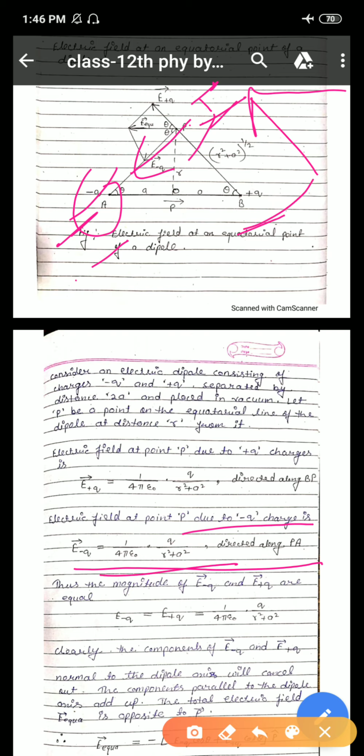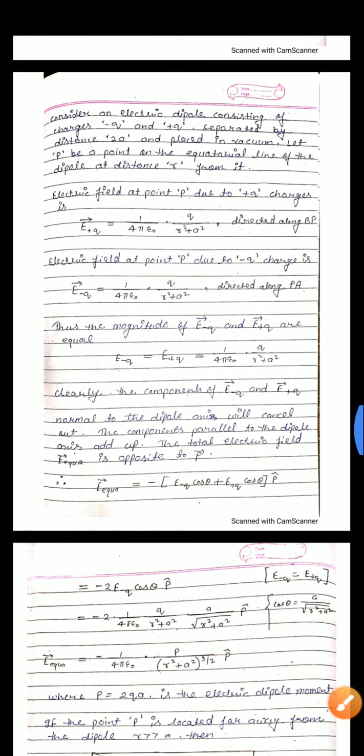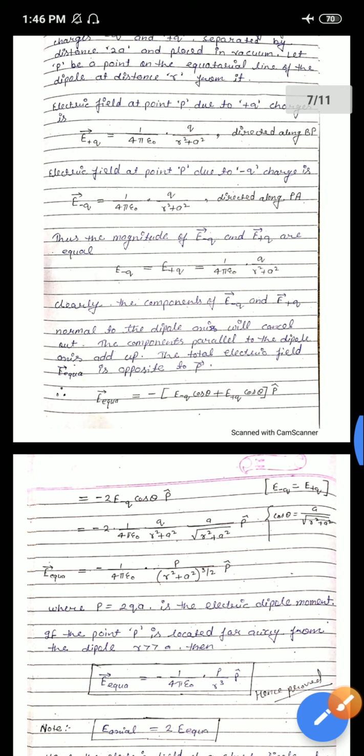So here we write q upon r square plus a square.